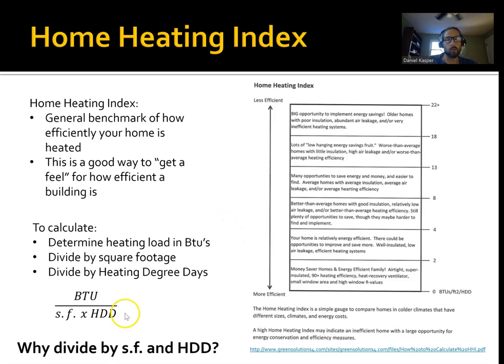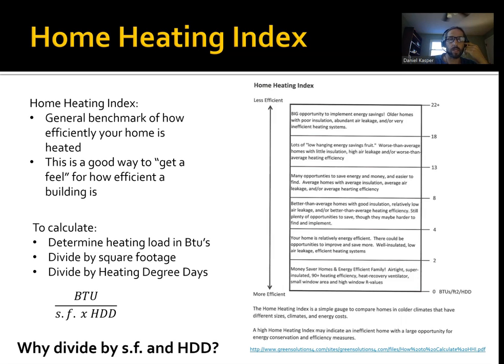Let's think you have two houses, identical square footage in an identical location. Okay, so the HDD is the same, which means this whole bottom part of the equation is the same in these two houses. But one house has twice the BTUs of heating as the other. Same size, same climate, but twice the BTUs.